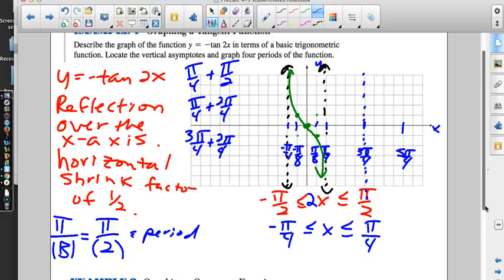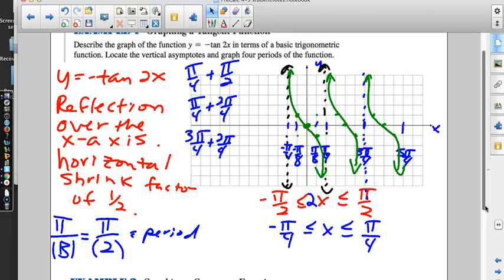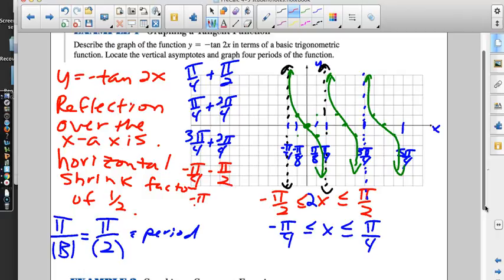And like I said, if we have these little increments in here, then we can kind of cheat and just keep going halfway. But I'm going to need at least one negative in order to make this the 4 periods that they wanted. So I'm at negative pi over 4, and I've got to subtract pi over 2, which again is 2 pi over 4. So negative pi over 4 minus 2 pi over 4 would give me negative 3 pi over 4. It shouldn't shock us because we talked about how it's the odds.